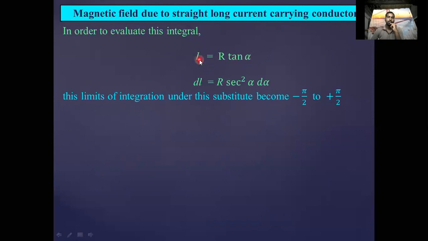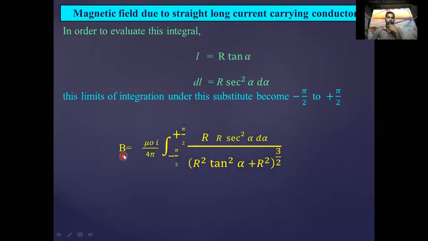For L equal to minus infinity, alpha value is minus pi by 2. So the limits change from minus infinity to plus infinity into minus pi by 2 to pi by 2. Now B is equal to mu 0 I by 4 pi, integration from minus pi by 2 to plus pi by 2.